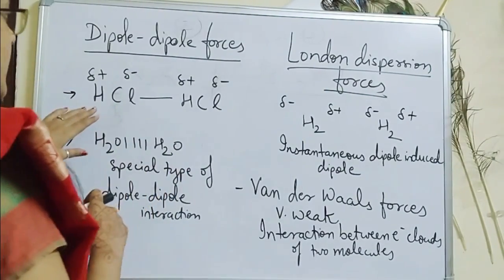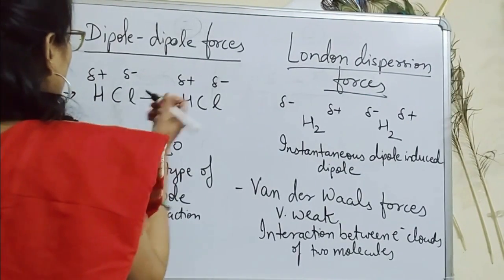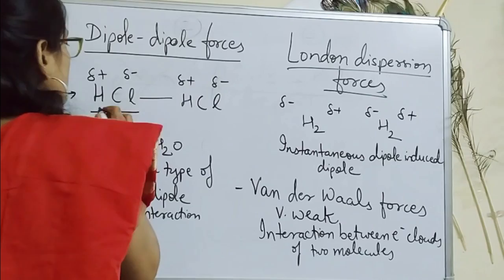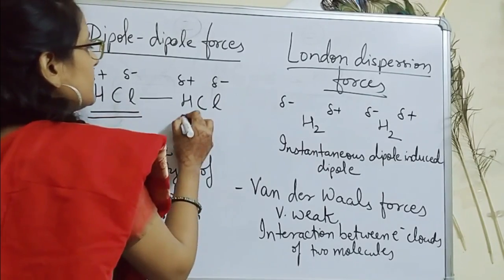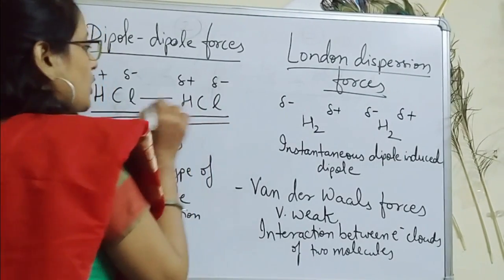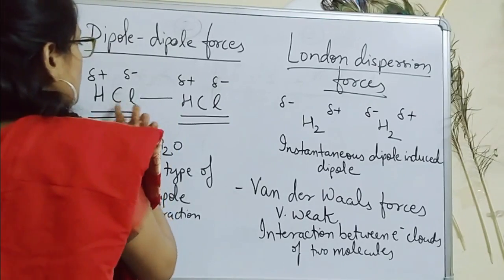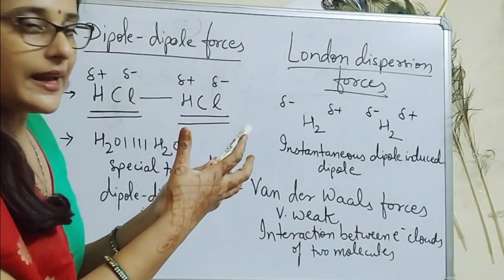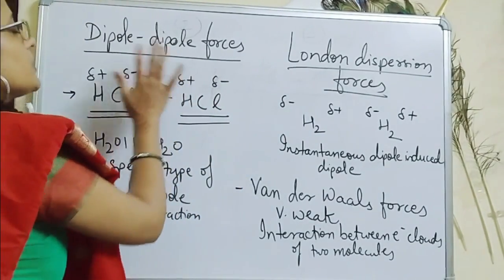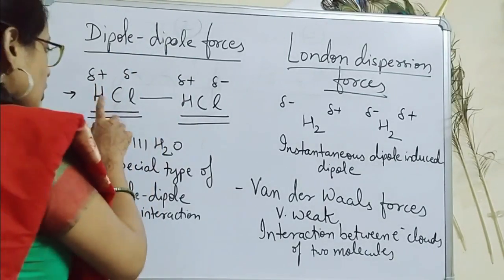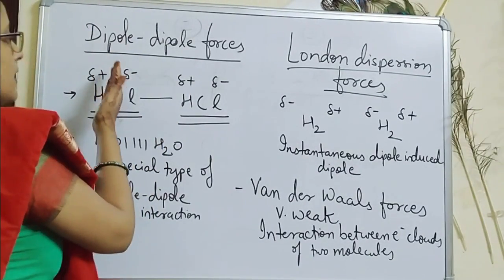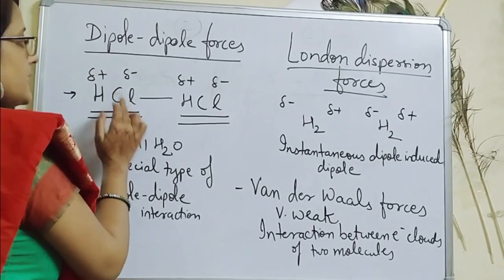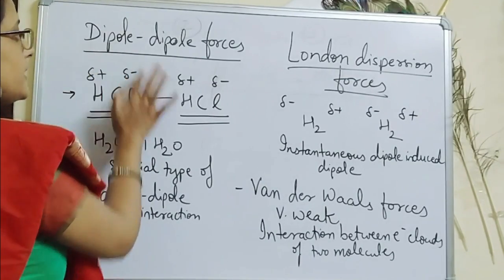So let's suppose an example, a molecule HCl. Let's suppose the electron cloud of HCl interacts with another HCl molecule. If the electron clouds of these two molecules interact, that type of interaction will be called dipole-dipole interaction. Over here, hydrogen is the slightly positive pole and Cl is the slightly negative pole. So this is a dipole.